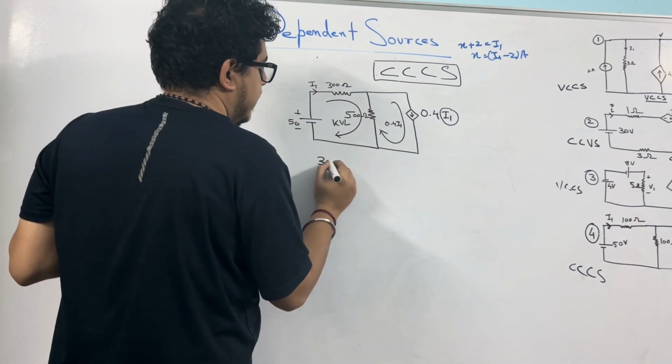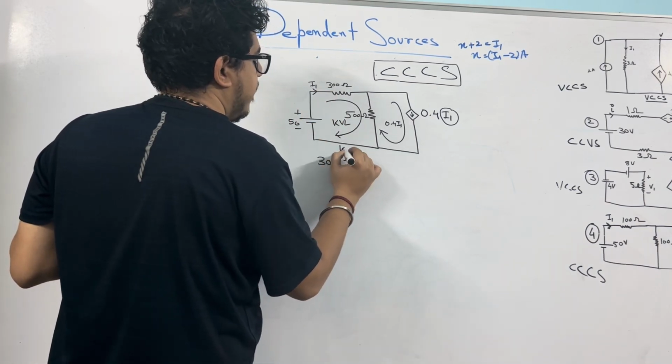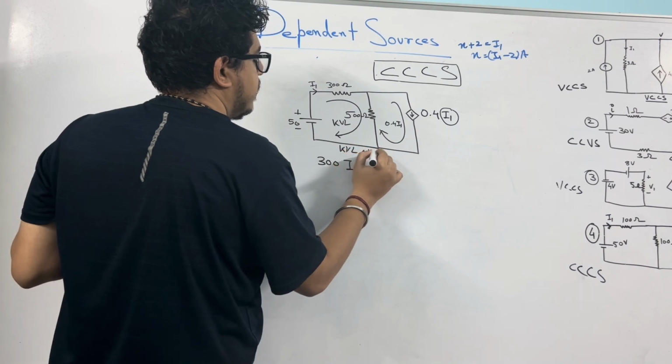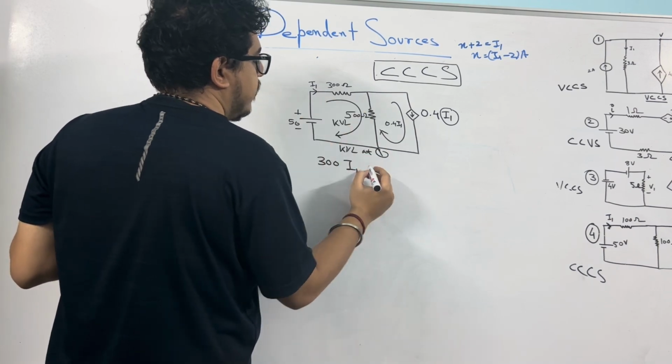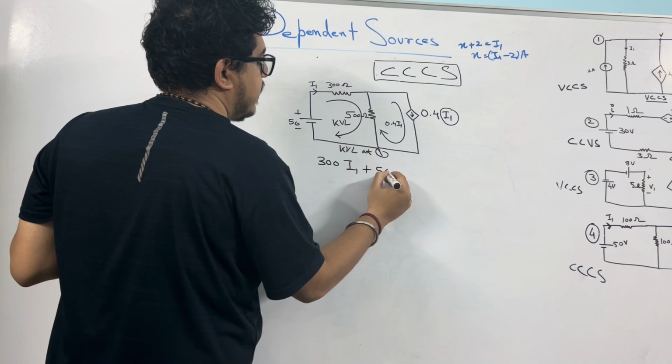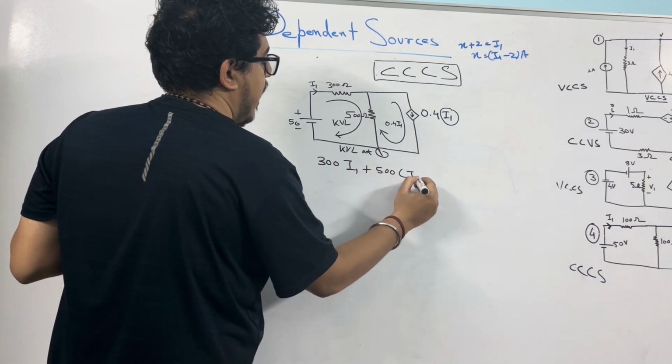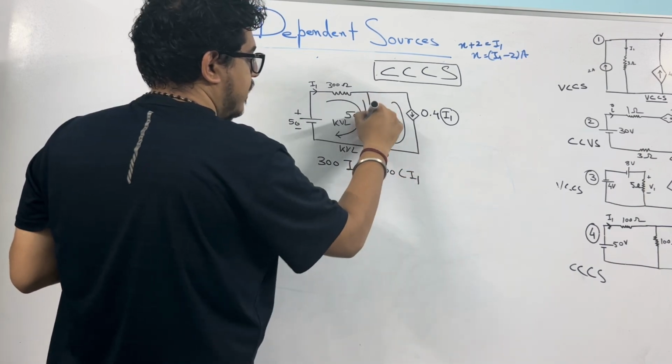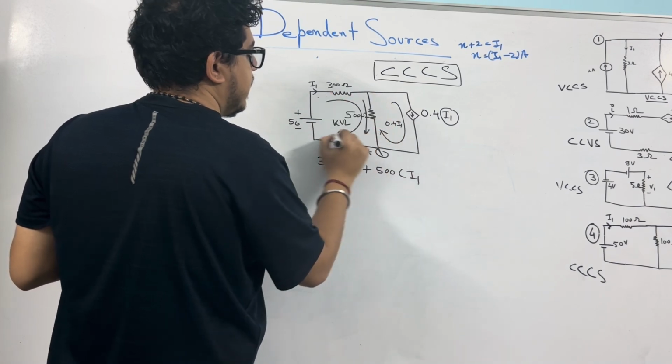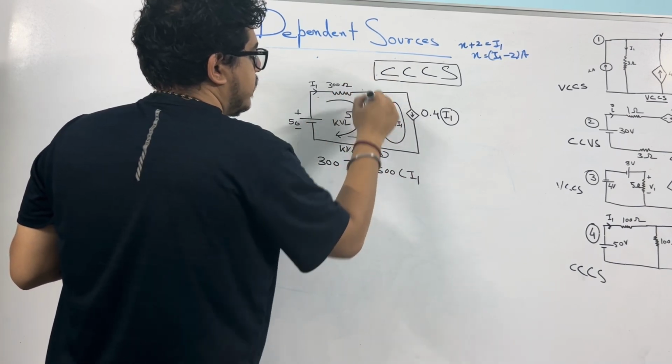So using KVL, 300 I1 plus 500 I1. Downside I am assuming to be positive, this direction. So I am coming from this point to this point.